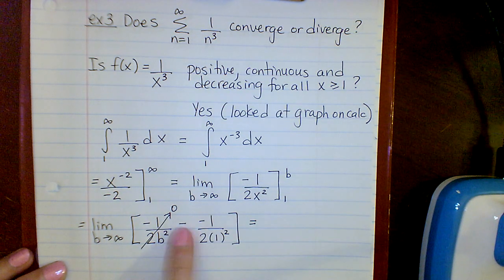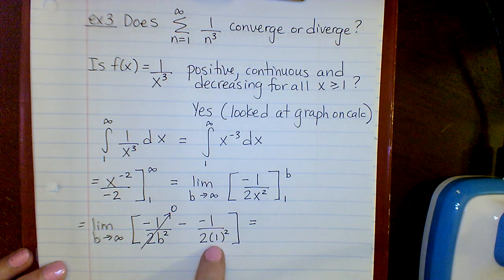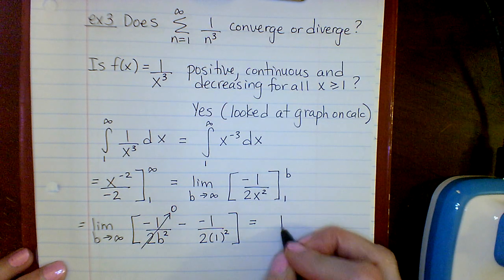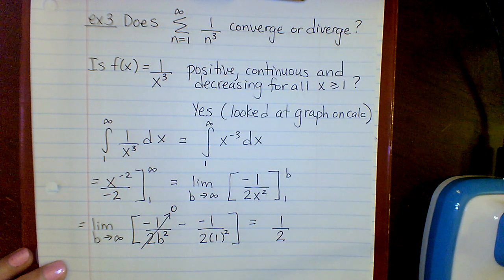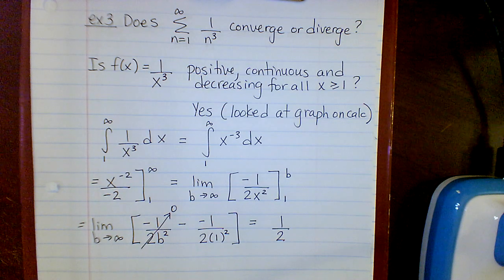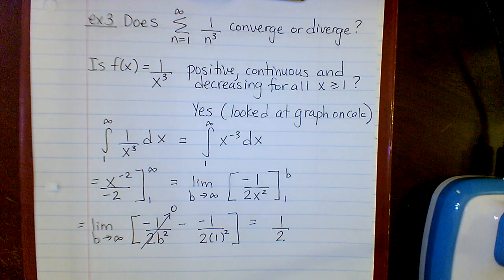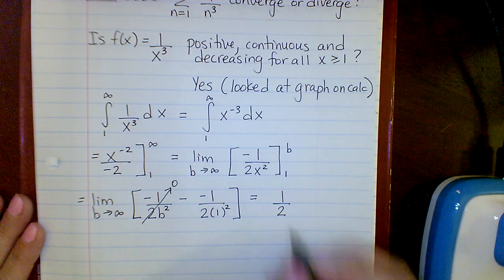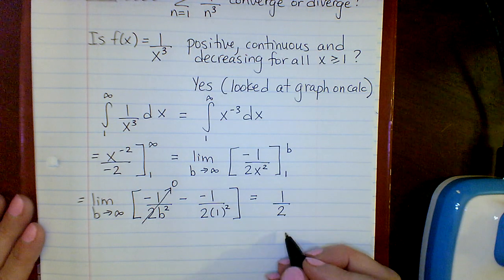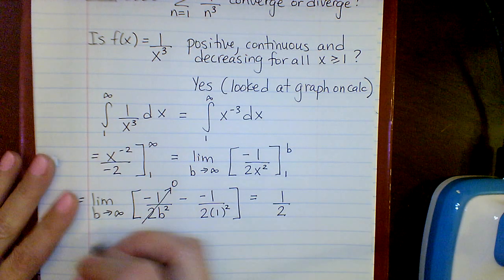That leaves a positive 1 over 2 times 1, or just positive 1/2. That is a finite number, which means the integral converges. By the integral test, that tells me that the series must also converge.